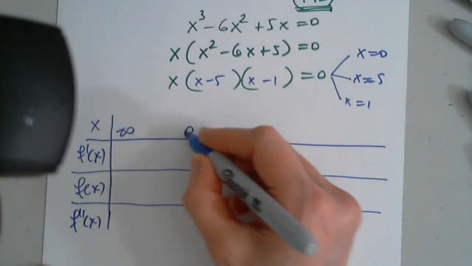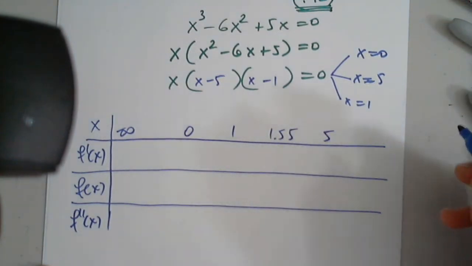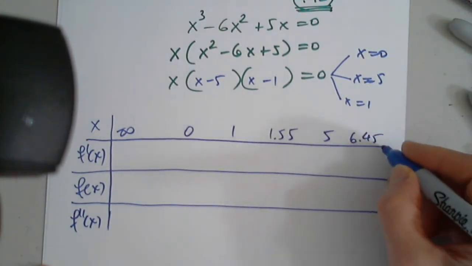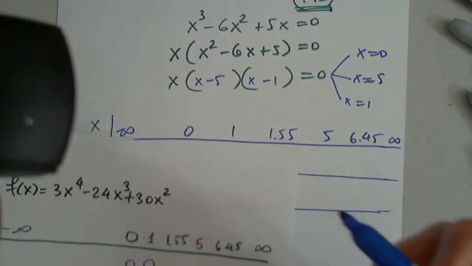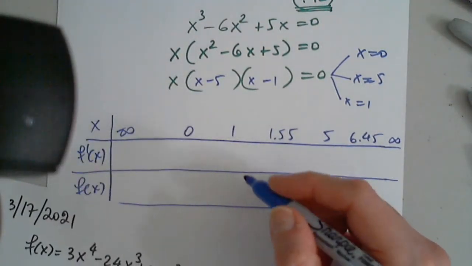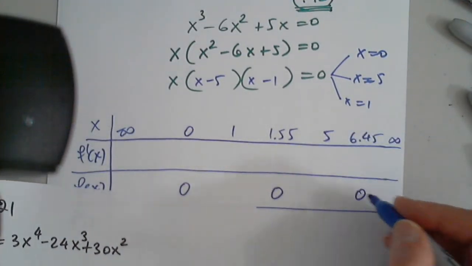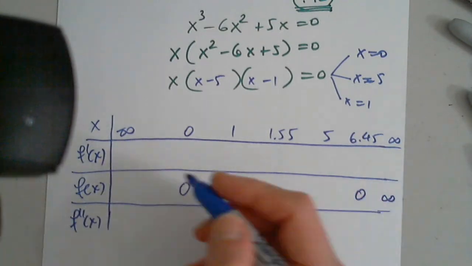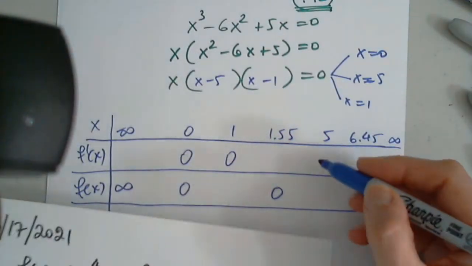So I'm going to put 0 here and 1 here and 1.55 and 5 and 6.45 and infinity. Okay, so I have under 0, under 1, under 5, and then infinity is here. And I have, of course, 0 and 0 and 0.